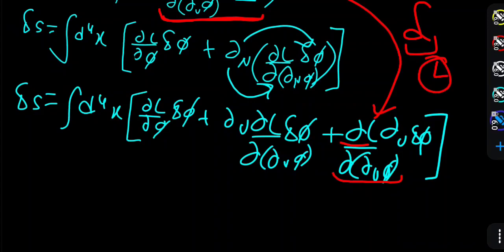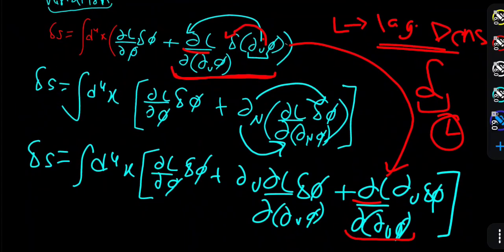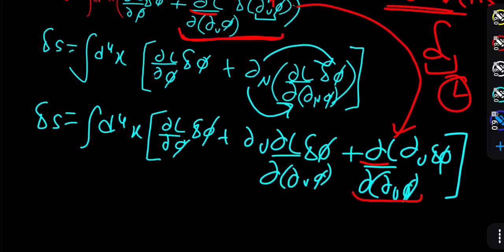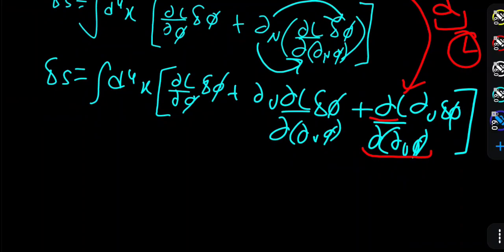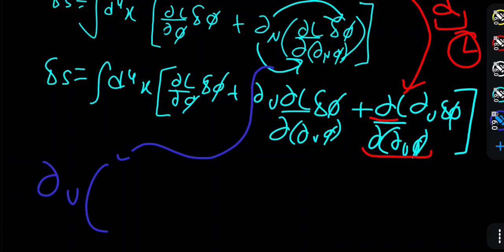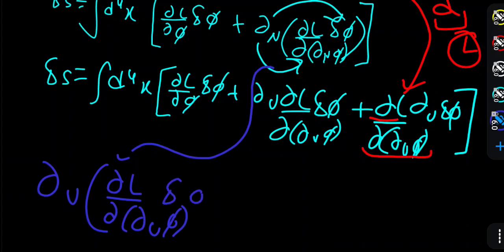Okay, now these two equations, as you can see here, I'm going to use a very standard thing. So see this. I'm going to write this particular equation here. Just see this equation: del mu of del L divided by del of del mu phi and a small variation in phi.